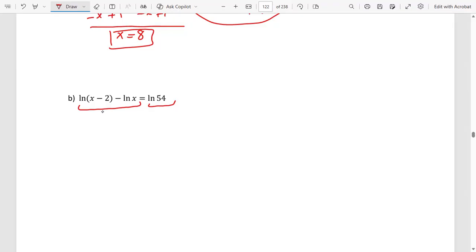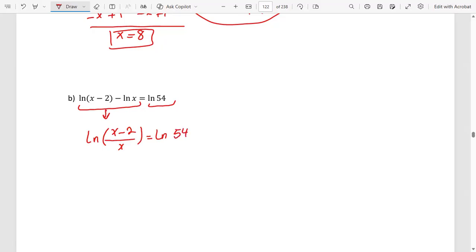I need to use the properties of the log to make it one single log. Based on the properties of the log, whenever two logs are subtracting, I can divide the arguments. So I have ln of x minus 2 over x. I will just bring down the other side. I'm not touching that because there is only one single log.